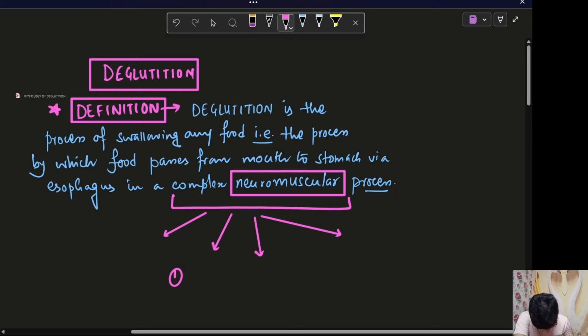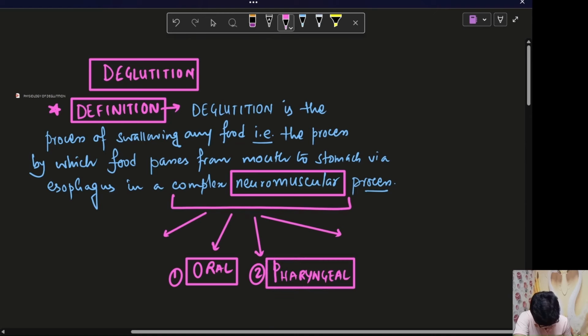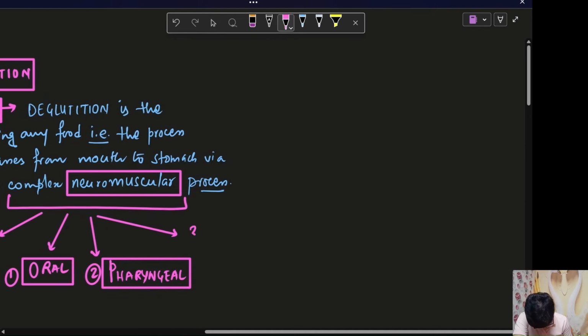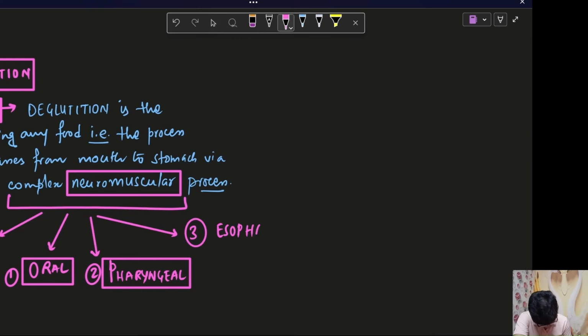So mostly it is the oral stage, secondly the pharyngeal stage, thirdly it is the esophageal stage.